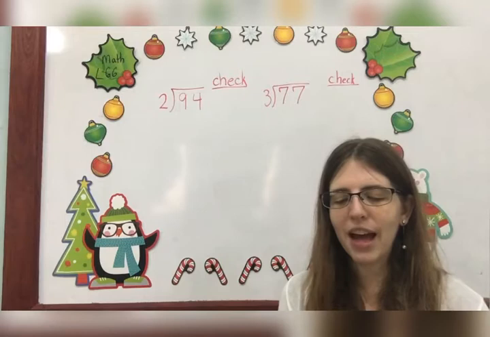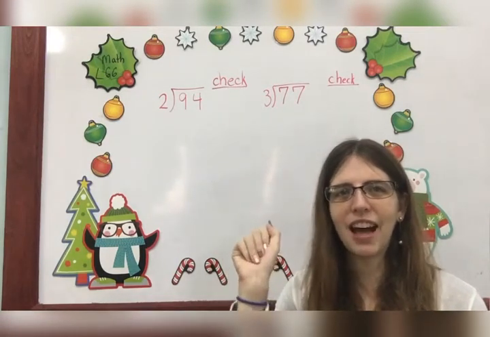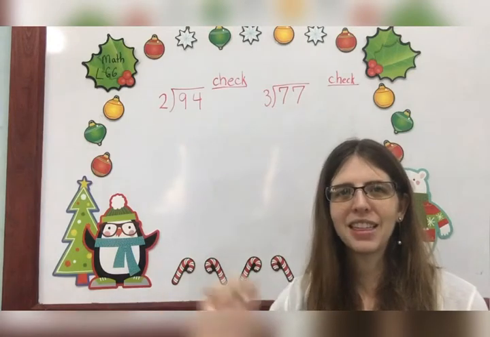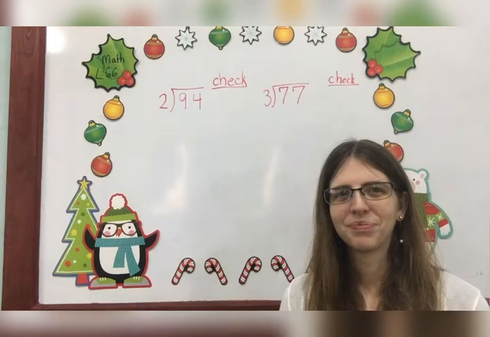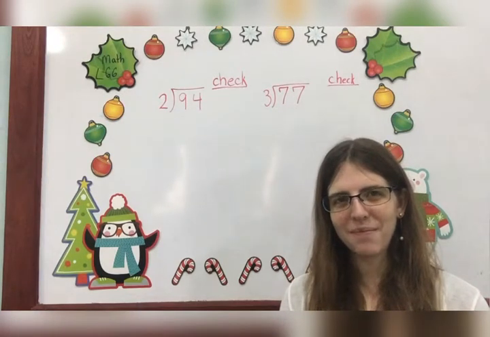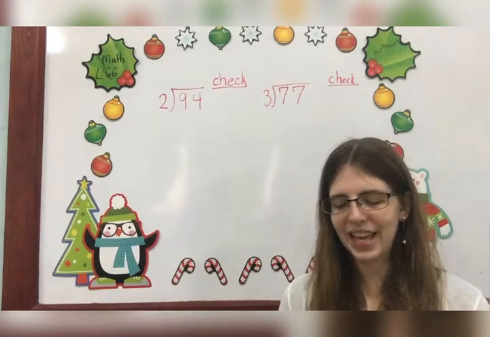Okay, let's talk about inches. What does an inch measure? Does it measure time, like on a clock? Does it measure length? Or does it measure capacity? Cassandra? Length, very good. An inch shows how long something is.